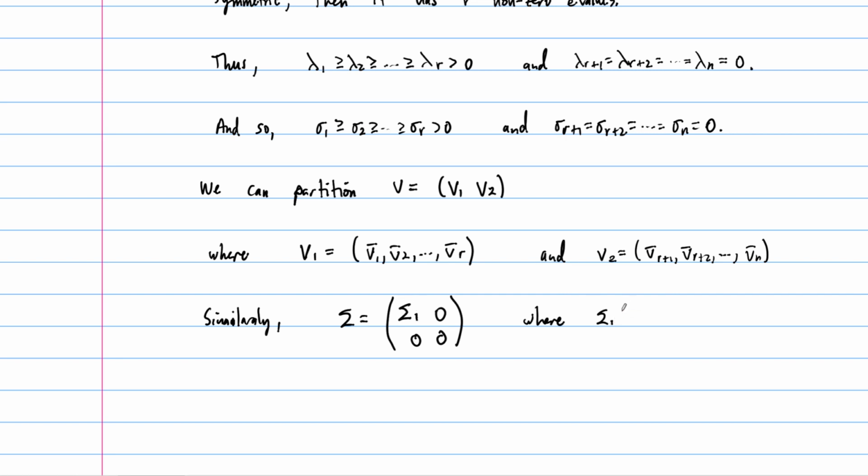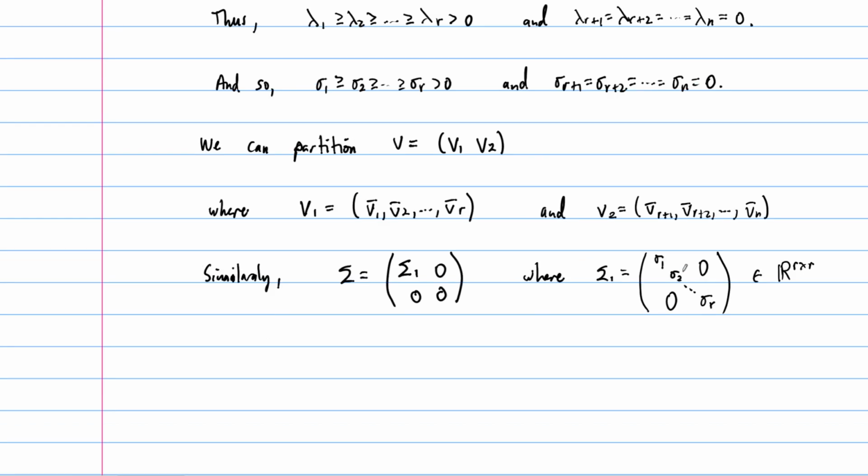So sigma 1 is going to be the matrix of non-zero singular values: sigma 1, sigma 2 through sigma r. This is a diagonal matrix in R by R. So it's an R by R square matrix that is diagonal, positive entries only, and non-singular as well, because it has no 0 values along the diagonal. All right, so we've now decomposed this as follows.